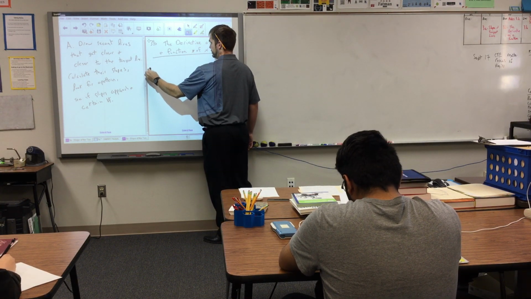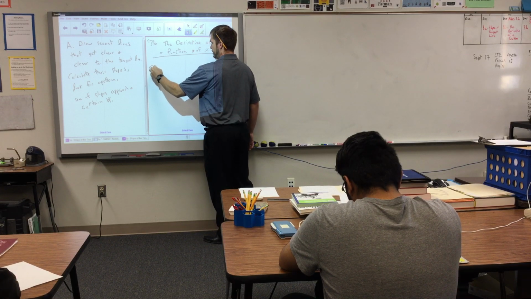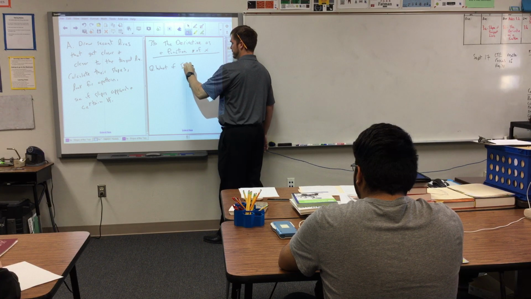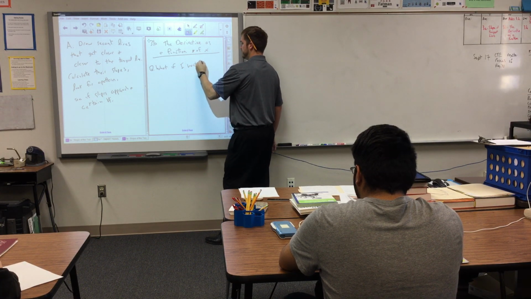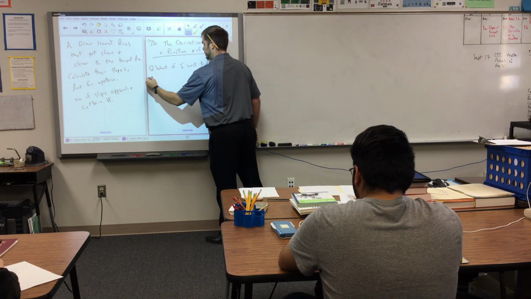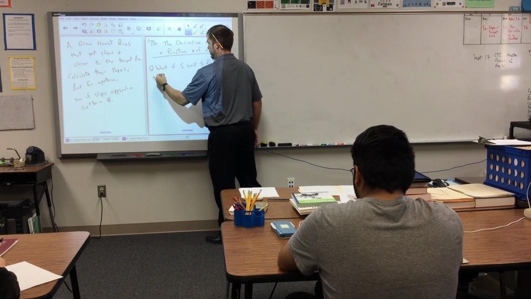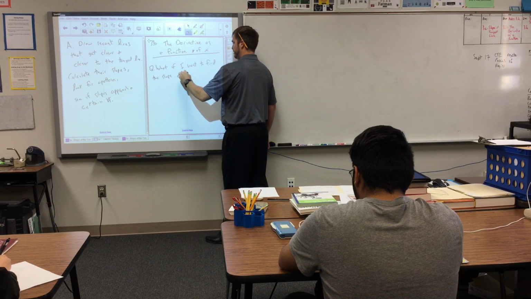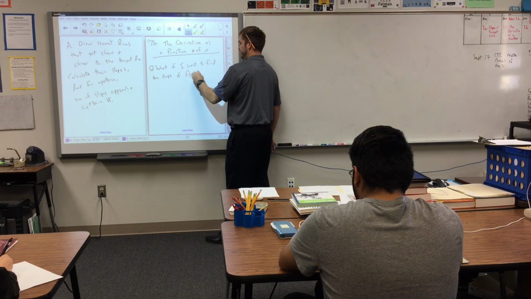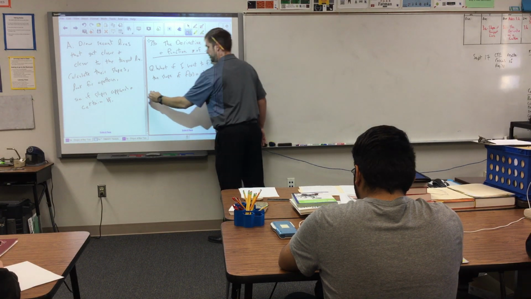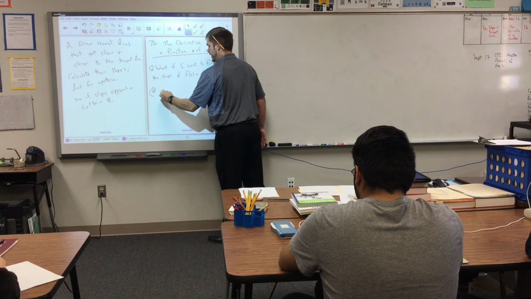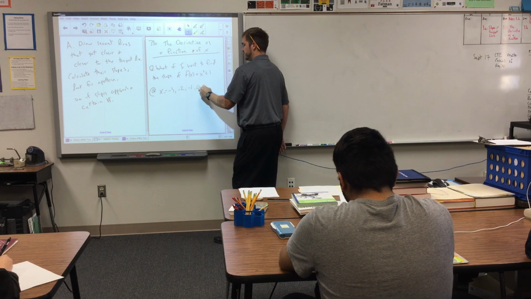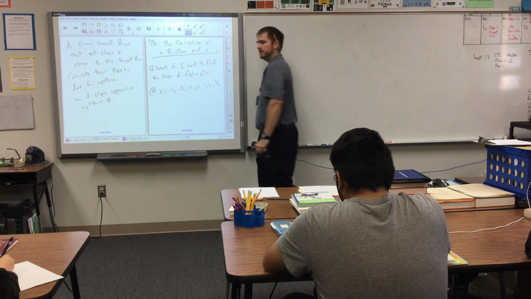So the question is, what if I want to find the slope of f of x equals x squared plus 1 at x equals -3, x equals -2, x equals -1, 0, 1, 2, and 3.